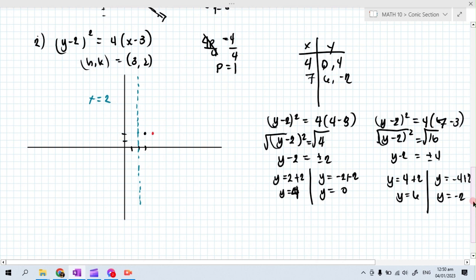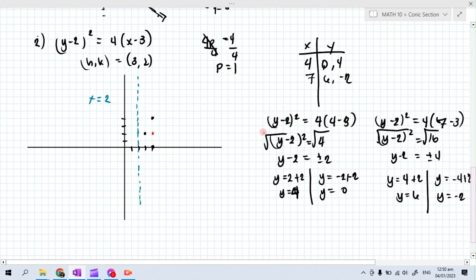So let's now plot those points. First 4, 0. So here, then 4 and 4 here. Okay.